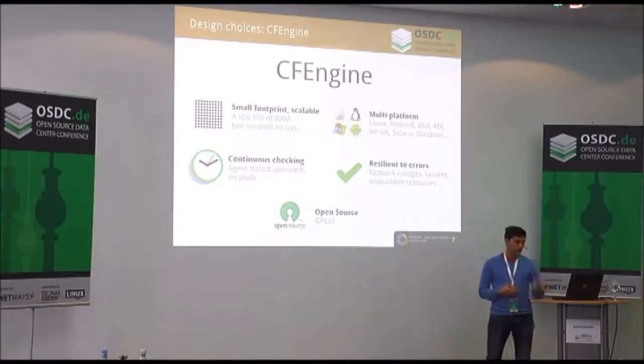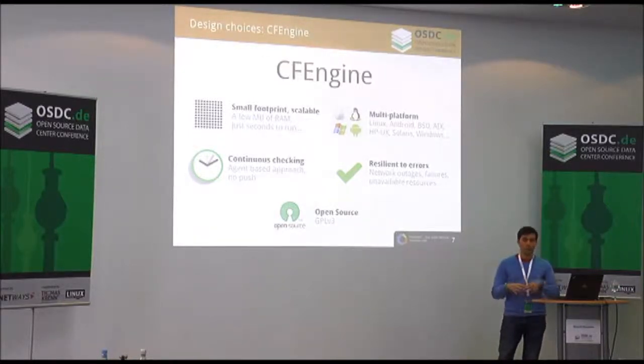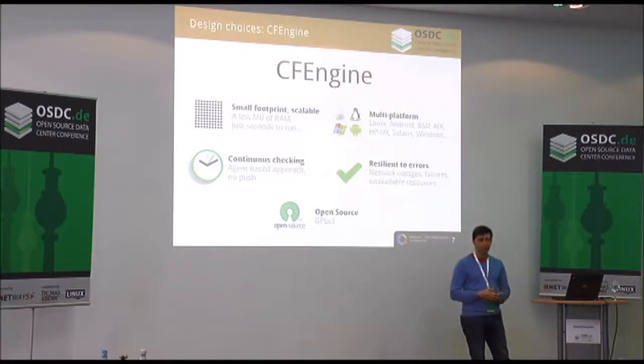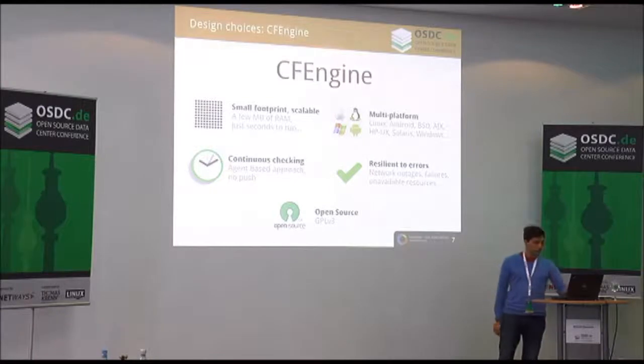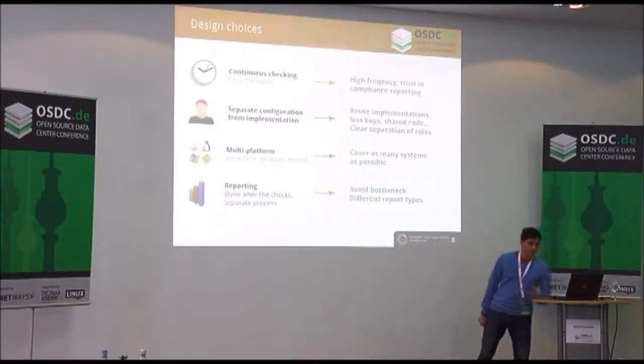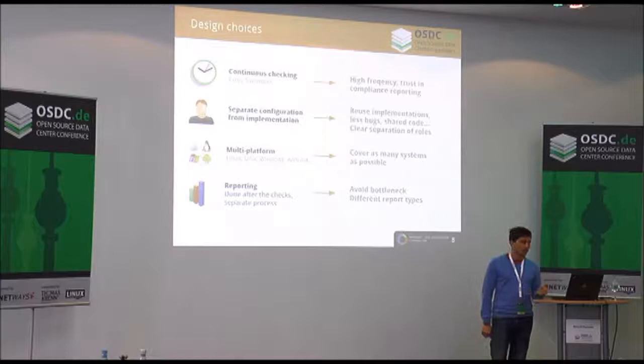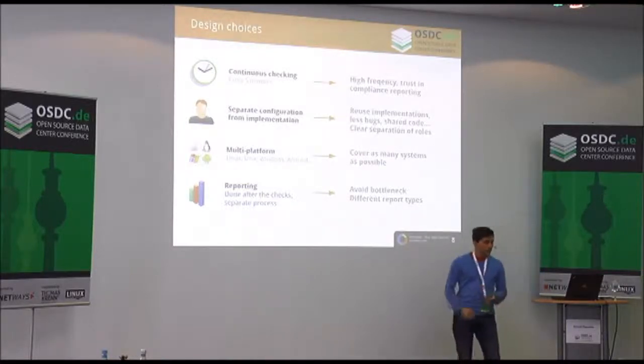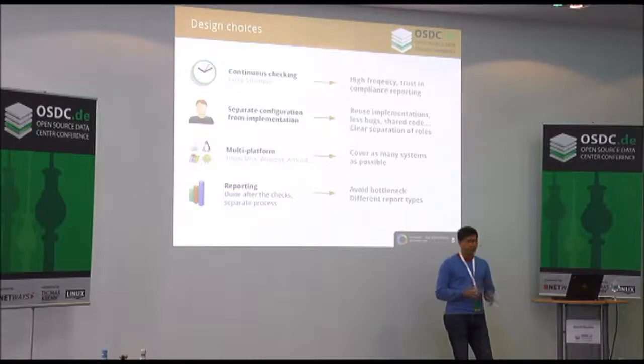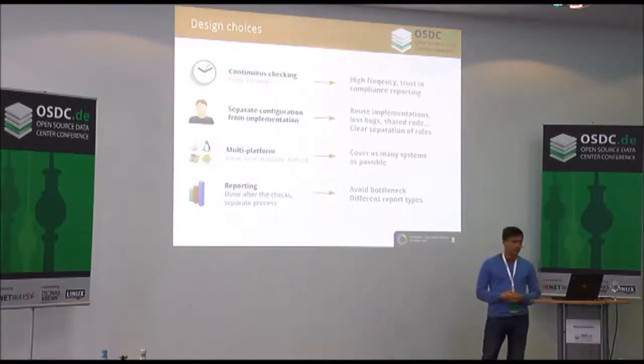And our agents push all the reporting done in the meantime, and you have the reporting. So with CFEngine, we can have really fast checking. Most of the time we use a 5 minute interval, and we check everything every 5 minutes. People can adjust this interval.